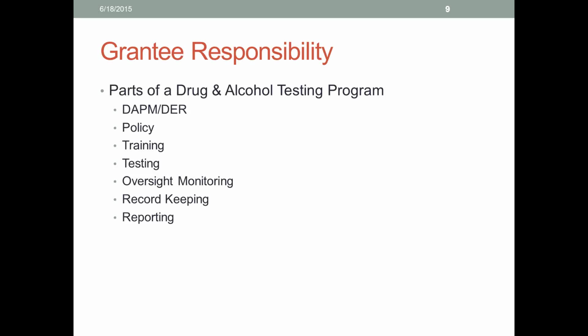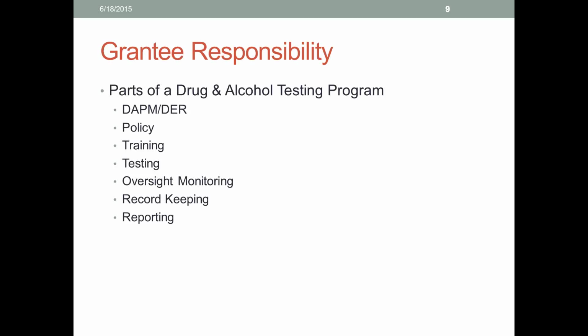Making sure that not only does every grant recipient have a drug and alcohol testing program, but that every operator, so every agency employing a safety-sensitive position, and we'll talk about what that is in a second, has a drug and alcohol testing policy that is compliant with the FTA guidelines.